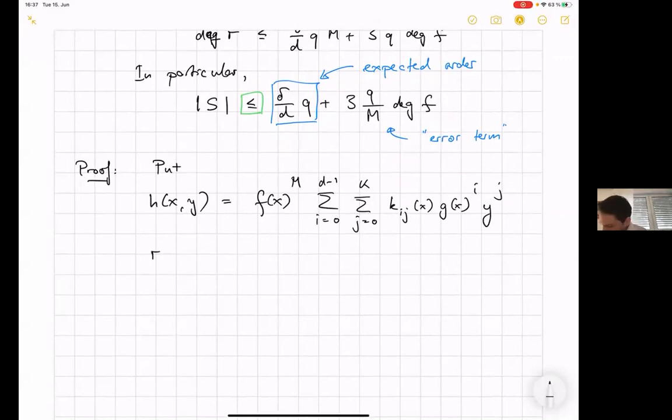Then I specialize R(x), and that's my candidate polynomial, to be h(x, x to the q).